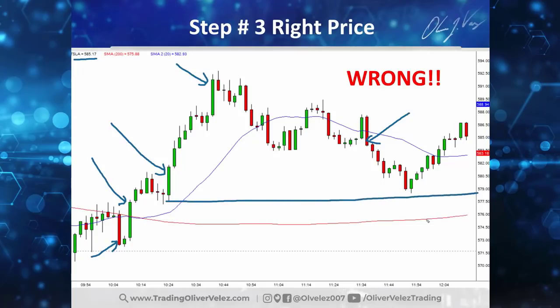This is more or less 579 at the low, and at the high we are more or less 582, 583. So what range is that? Let's say this is a $3 bar.